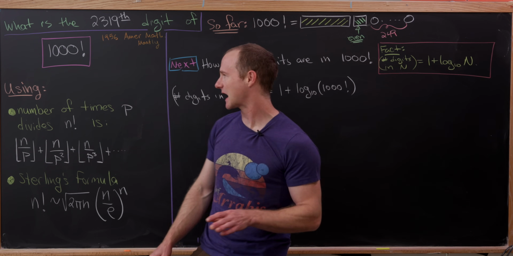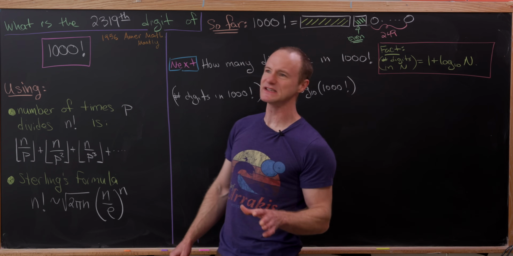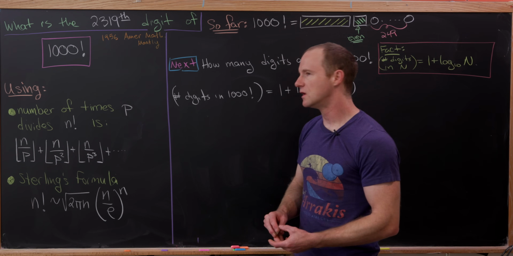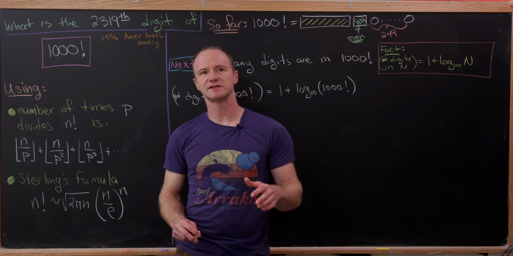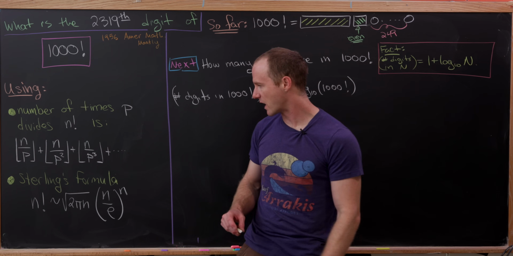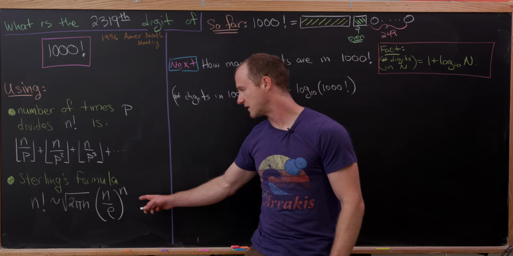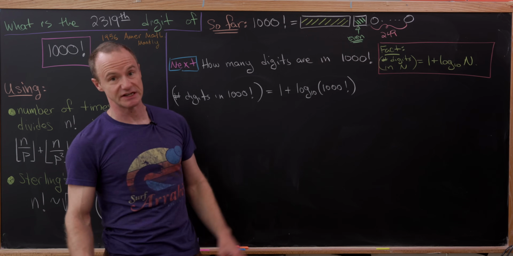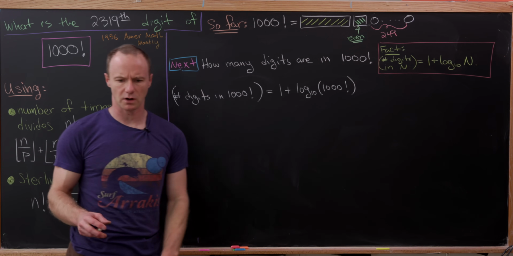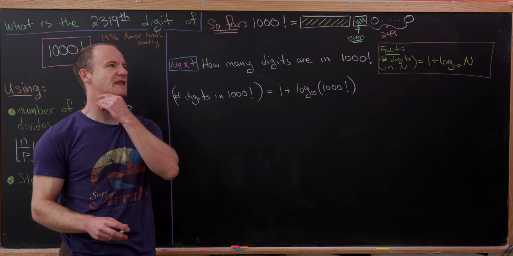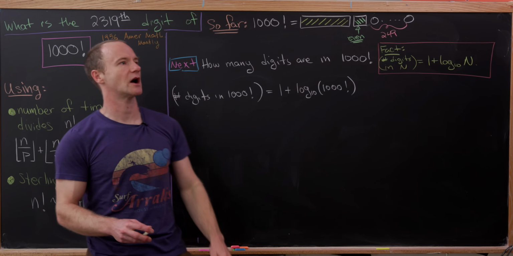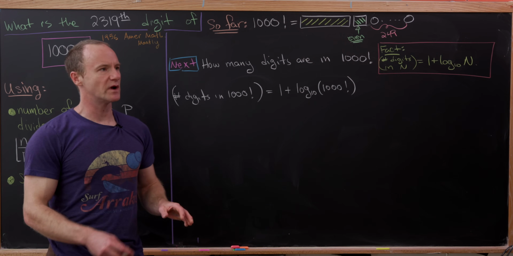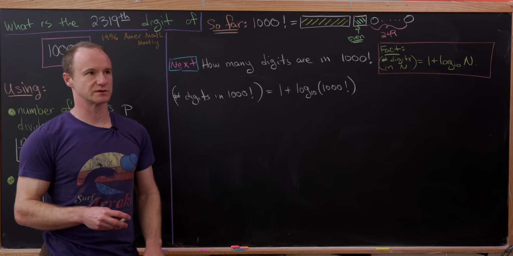I'm going to step back a little and point out that at this stage I'm following the solution from this article. But I also found some examples online where just inputting the Stirling's formula approximation into this digit rule doesn't work. So I do think this is kind of sketchy, but I think it's probably a relic from the fact that this was done in 1956 when calculating large numbers was very difficult.